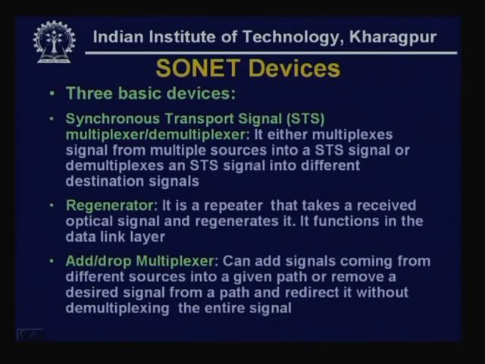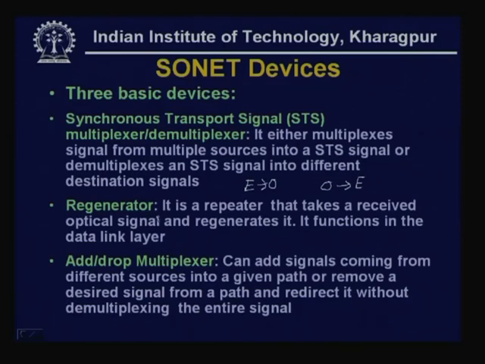So, here it gets converted from electrical to optical or from optical to electrical. Both these conversions are done in these STS multiplexers, and so a number of electrical signals are combined and then sent in the optical form, or a number of optical signals are received by the STS multiplexers and converted into electrical signals to be sent to different destinations.